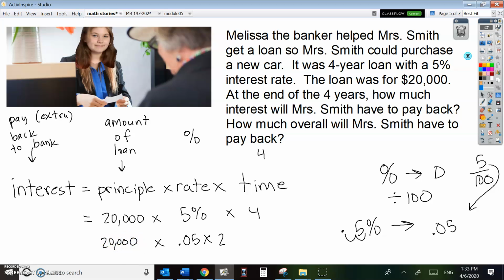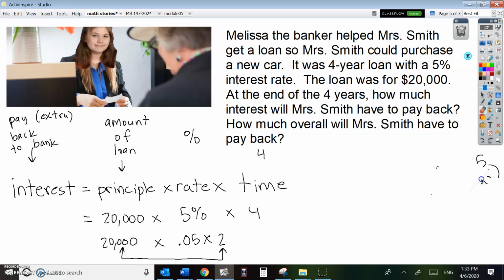Okay, so let's do the easy part here first. Let's multiply these two. So that will give us 40,000. I'm going to clean off this section so I can do some math. $20,000 times 2 is 40,000.